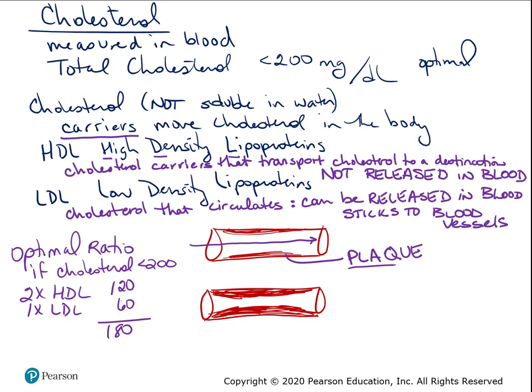If there's a little, blood still flows pretty well. But look at the bottom image. What problems do you see? This is going to cause the blood vessel to narrow. Can as much blood pass through?